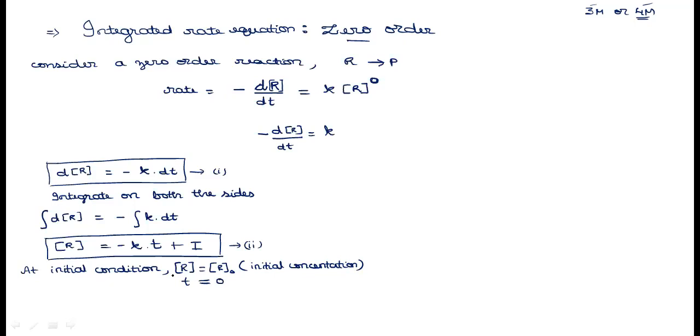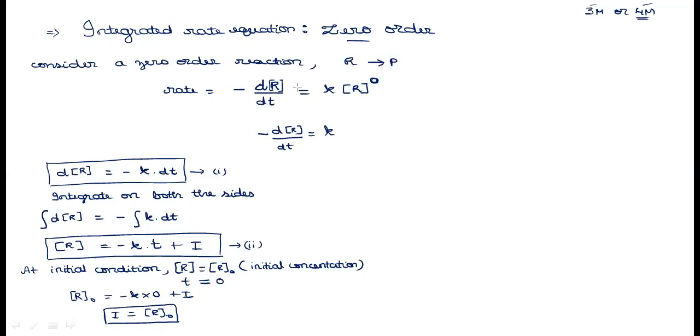Now we'll substitute these two in equation 2. So R will be R naught minus K into 0 plus I, or integration constant I will be equal to R naught. By assuming the initial conditions, we obtain the value of integration constant I.